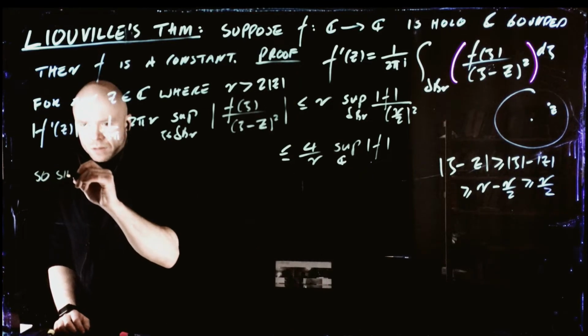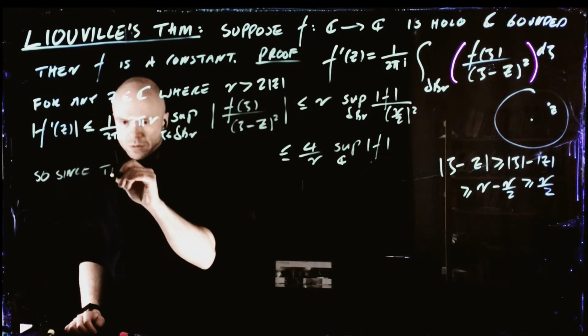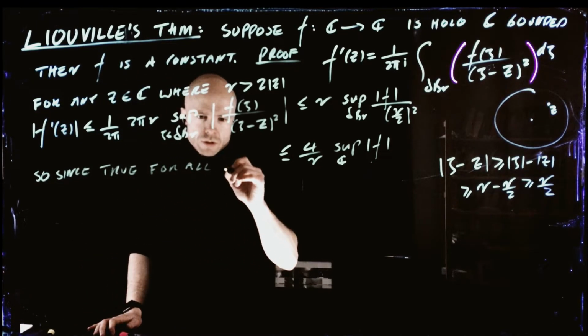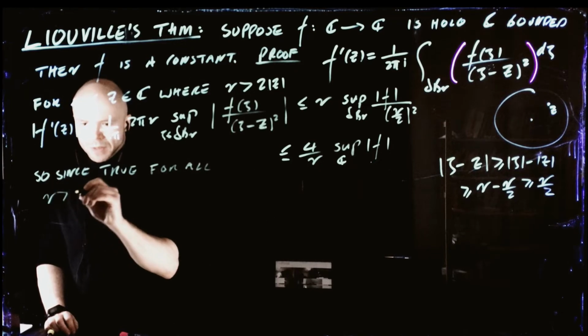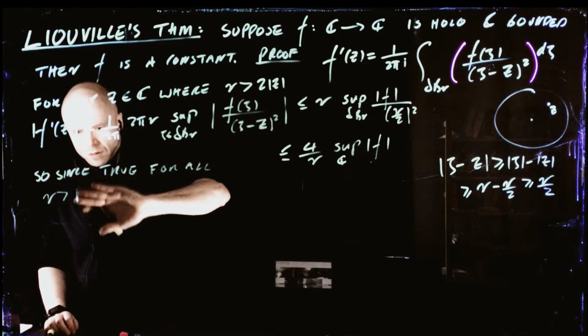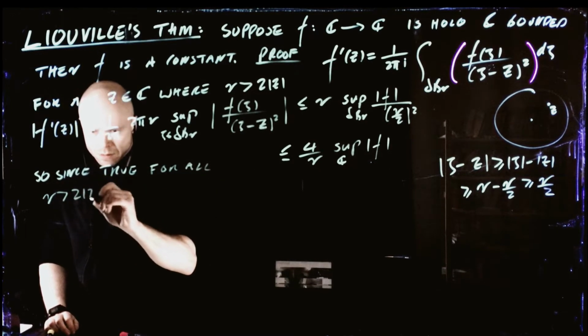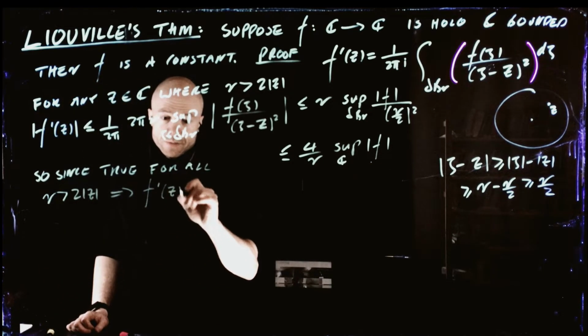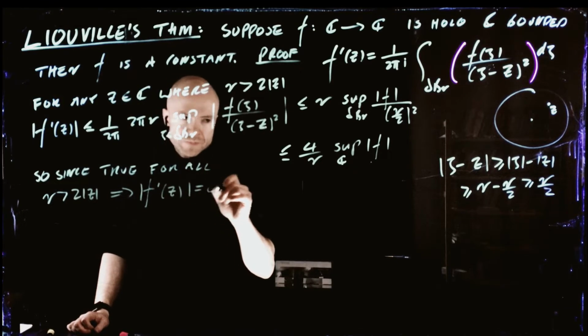So since this is true for all r bigger than twice the absolute value of z, this implies that the absolute value of f prime of z is equal to 0.